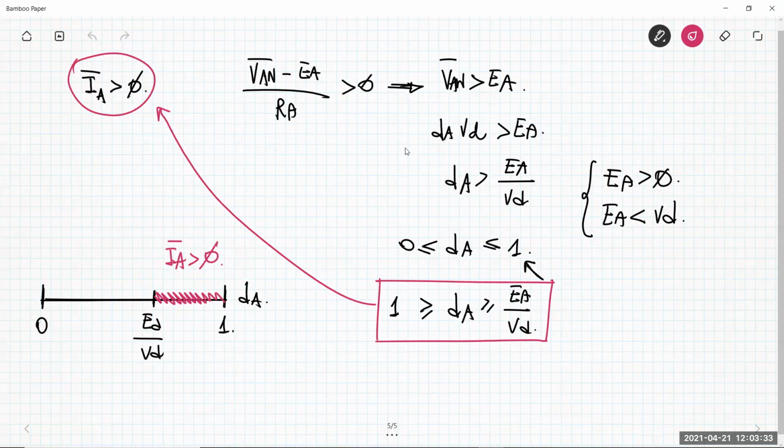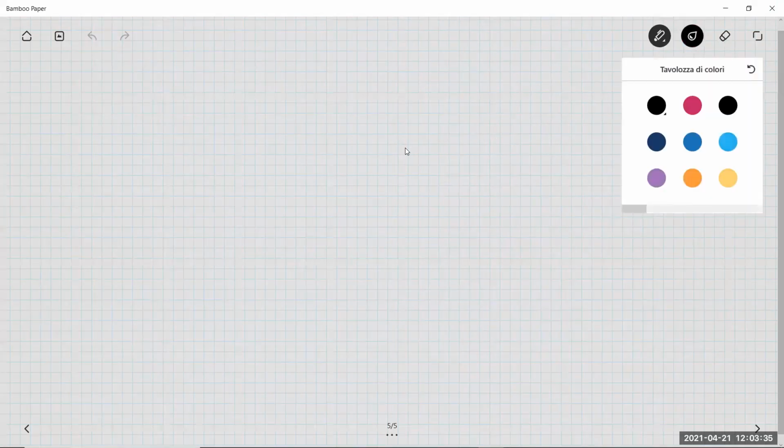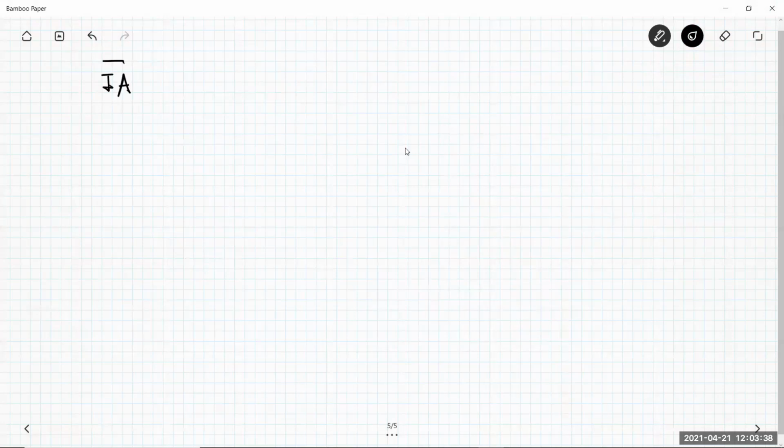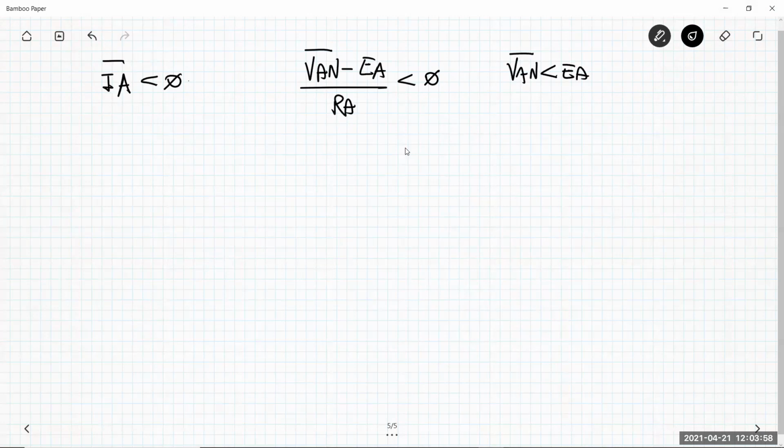What happens if you have a negative current, so the IA average value less than 0? It means that VAN average minus EA over RA is negative, so that VAN is less than EA. Again, the average value is DA VD less than EA, so DA less than EA over VD.